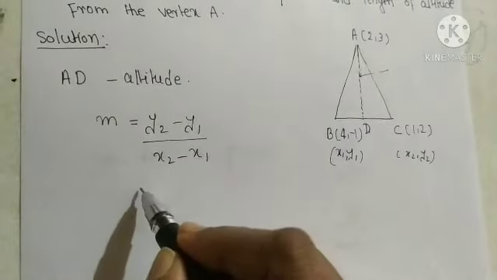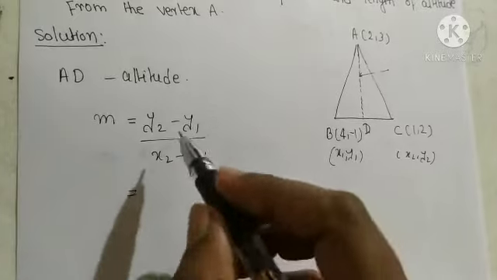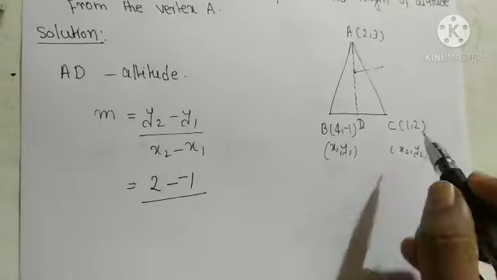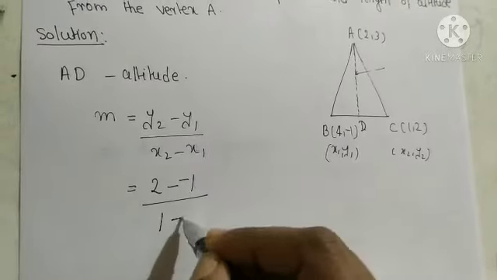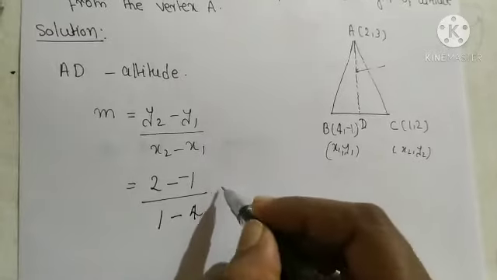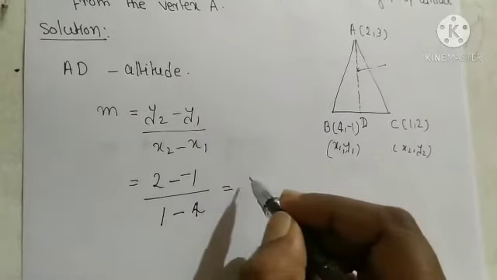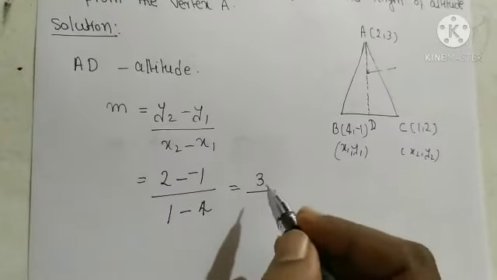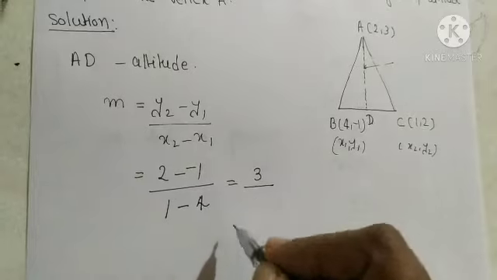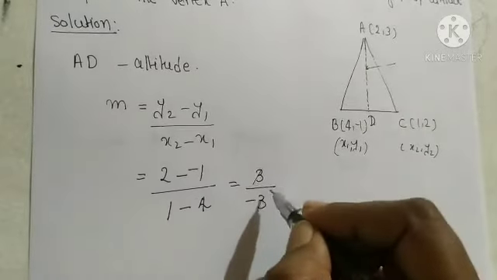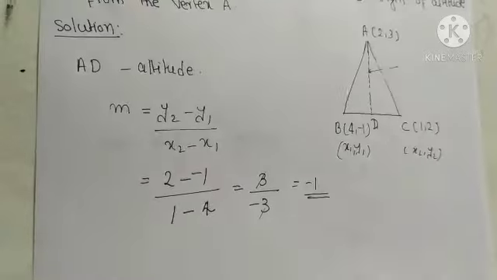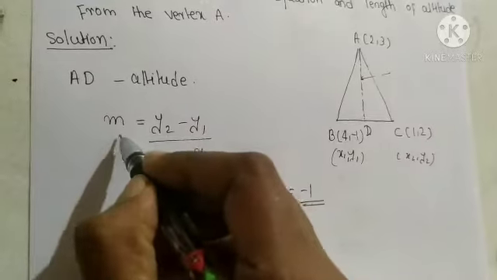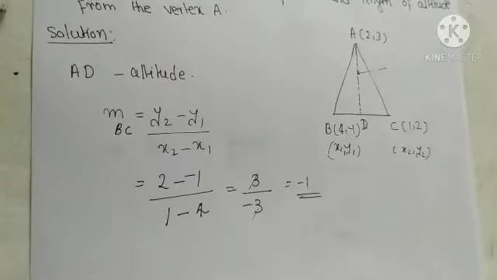Next I am going to substitute all these values. We get y2 is 2 minus y1 is -1, divided by x2 is 1 minus x1 is 4. So we get 2 minus of -1, that is 3, divided by 1 minus 4, which is -3. Cancelling, we get the slope value is -1. The slope of BC is -1.